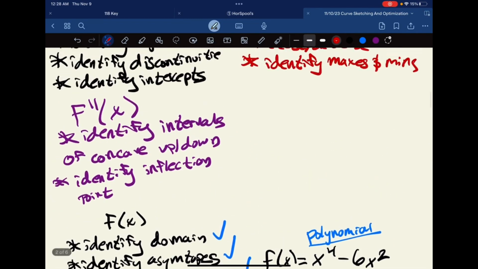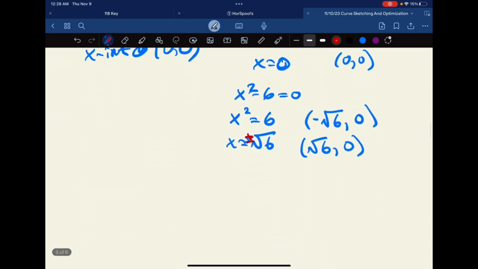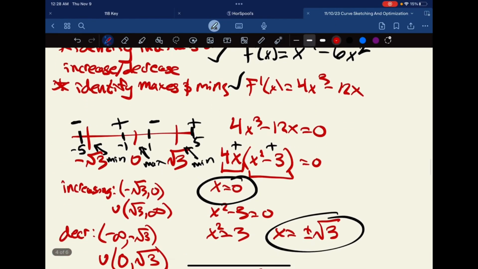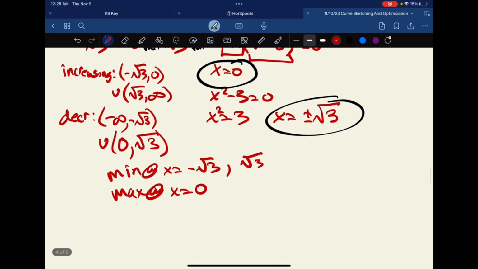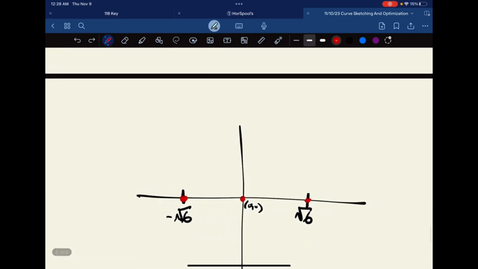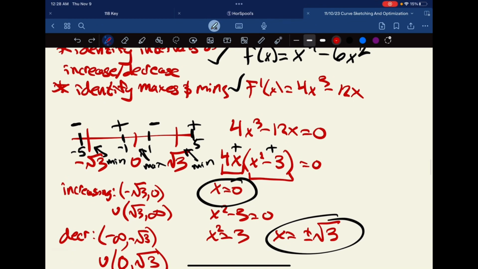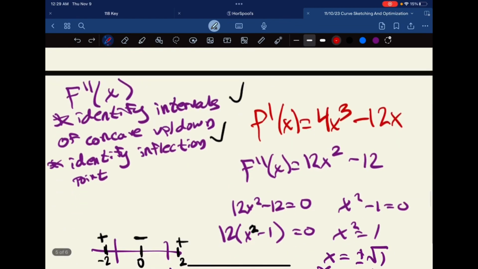So now, where are our maxes and our mins? Our maxes and our mins would be another great place to fill in. So we're going to have a min at negative square root 3 and square root 3. Actually, let's just look at our intervals of increasing and decreasing. So let's plot that on our graph.